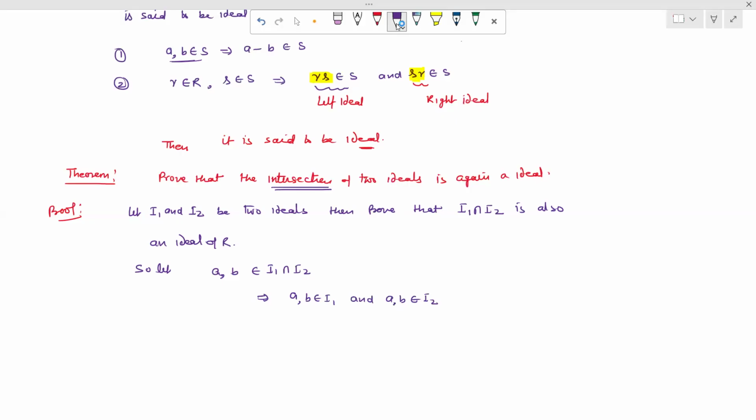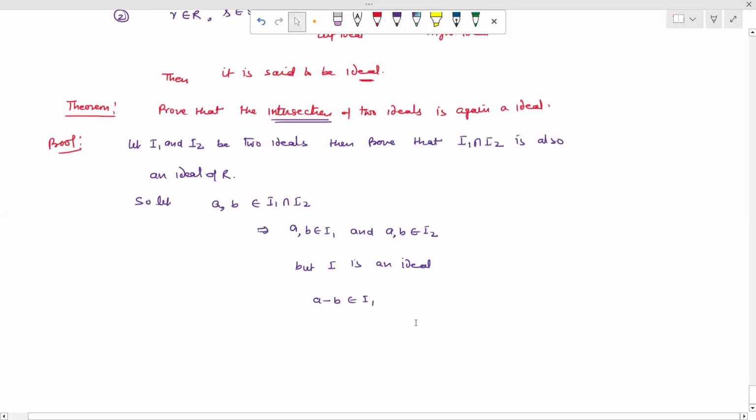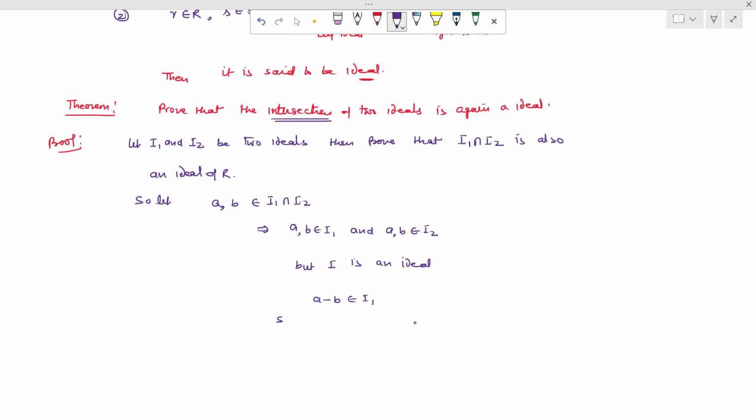So that means I1 is an ideal. So the first property we can write down as A minus B belongs to I1 by definition of ideal.